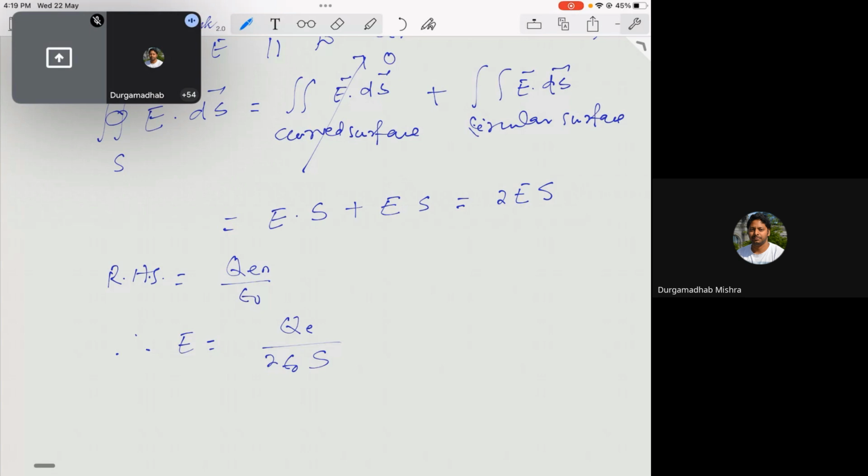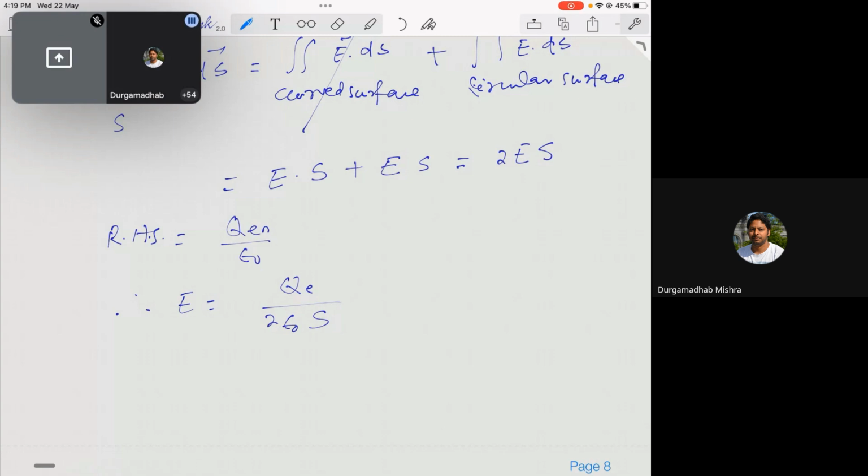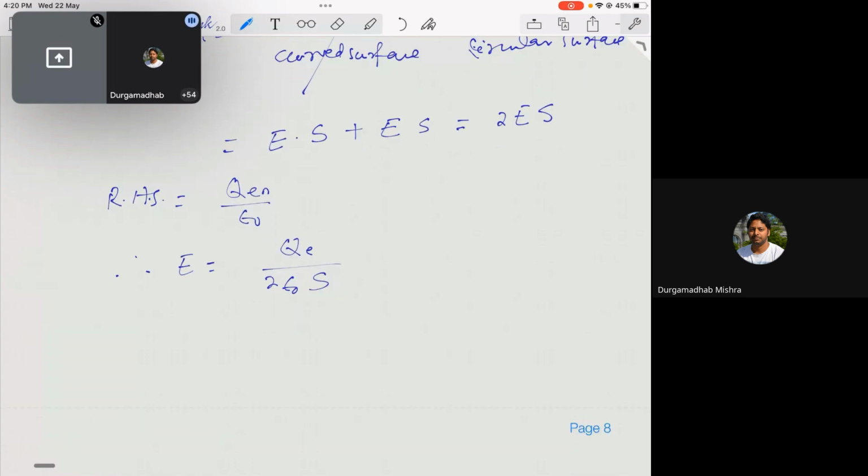Okay. So here, what is nicer to do is, instead of writing it in terms of the total enclosed charge, you write it in terms of the surface charge density, as we defined earlier. Since we are talking about the surface as S, this is the surface area.